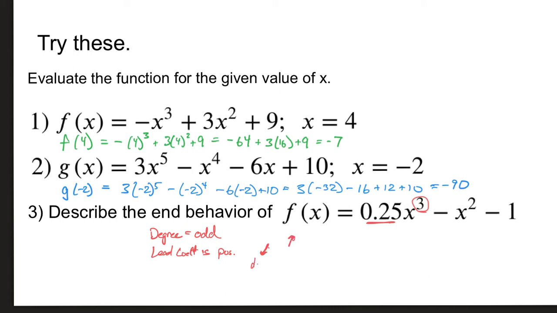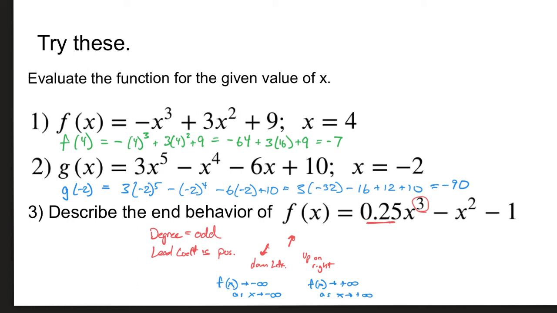So let's say we're down on the left side, but we're up on the right. Now, if you wanted to go back and use the fancy terms, we would say f of x approaches negative infinity as x approaches negative infinity, and f of x approaches positive infinity as x approaches positive infinity.